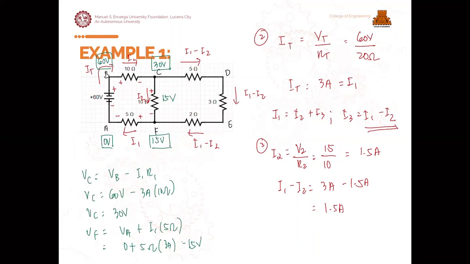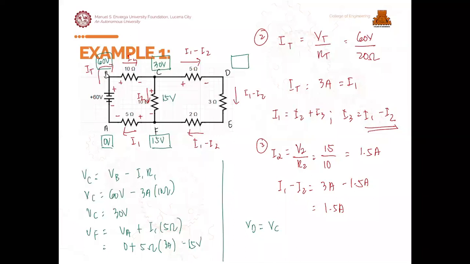Okay? So with 1.5 amperes, we can now get the voltage value at each node. So at point D, that will be from C. Since the direction of our current is going here, it always enters at the positive and exits at the negative. But our voltage is towards negative, so it drops in value.